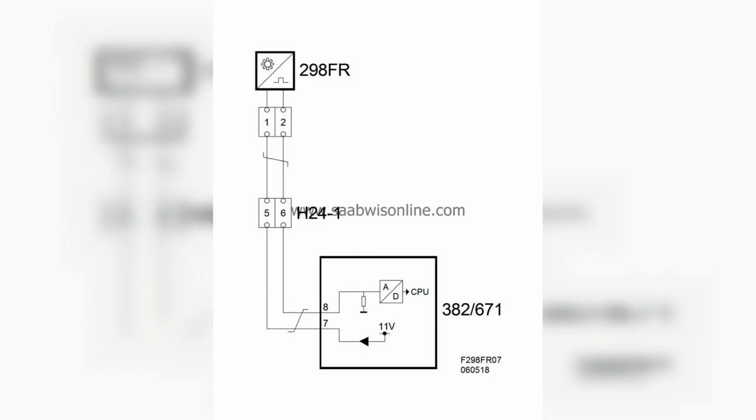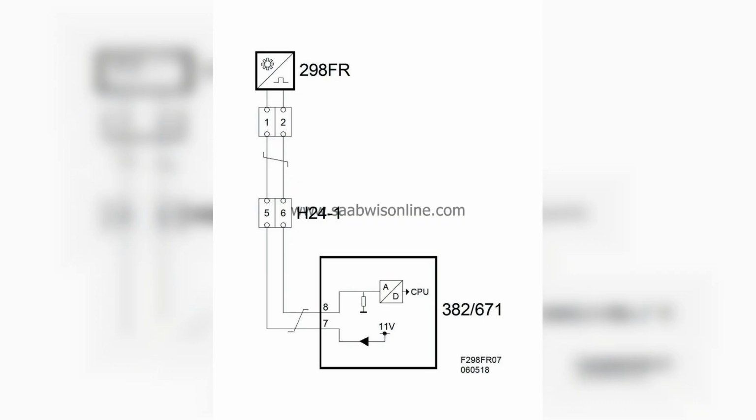C0043, right rear wheel speed sensor, a problem detected with the right rear wheel speed sensor. C0044, left rear wheel speed sensor, a problem detected with the left rear wheel speed sensor. C0045, right front wheel speed sensor voltage fault, a code indicating a voltage problem associated with the right front wheel speed sensor.